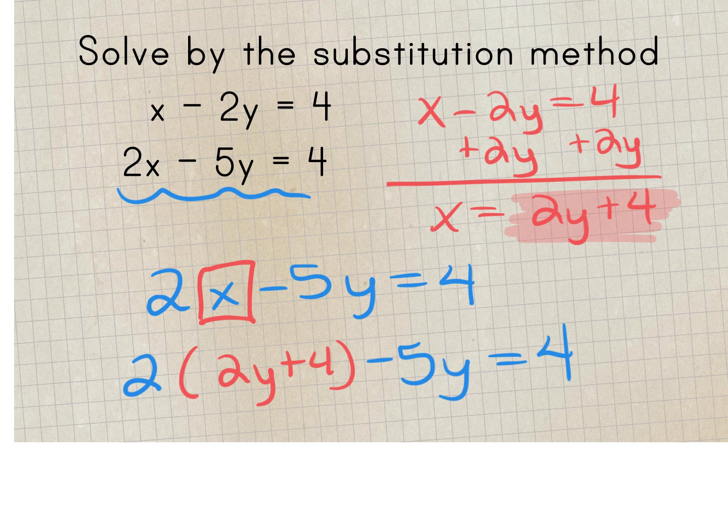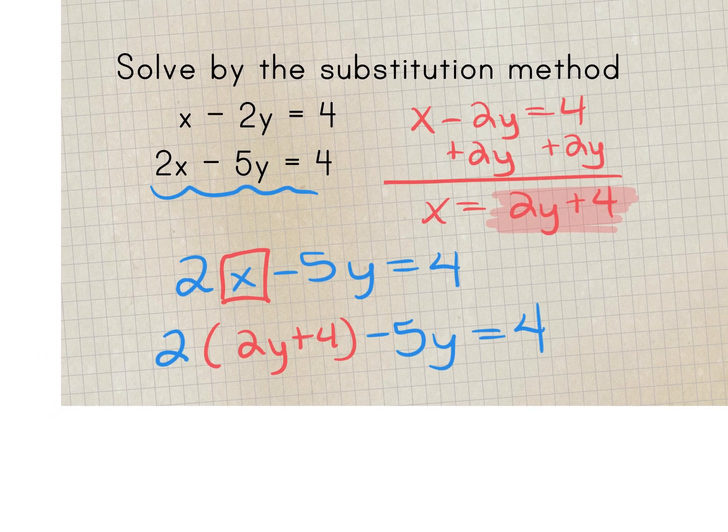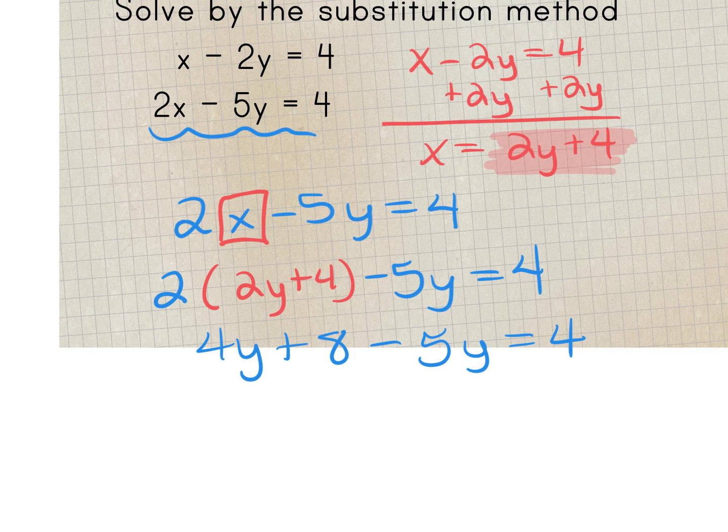I now need to distribute the 2 to the 2y and to the 4. So 2 times 2y gives me 4y. 2 times 4 gives me 8. Drop down the rest of the problem. I now need to combine my like terms. So I can combine 4y minus 5y and get -1y.